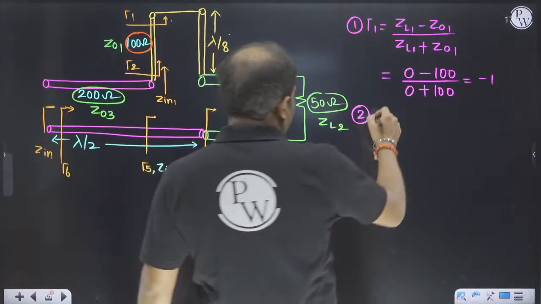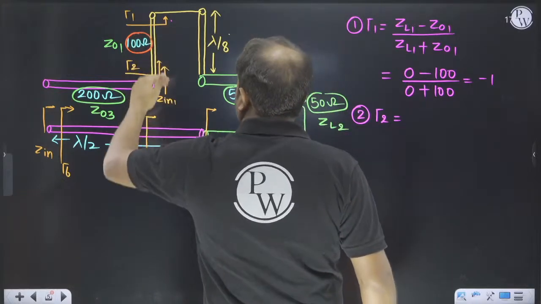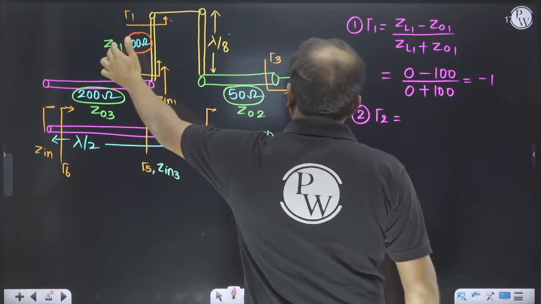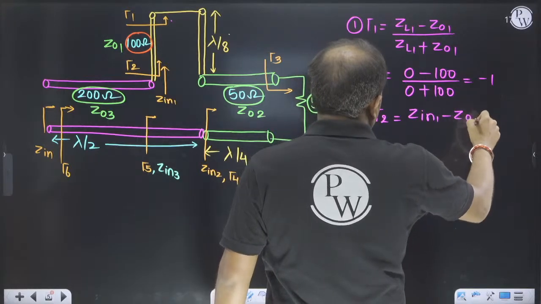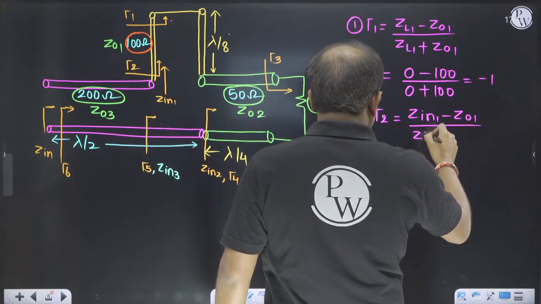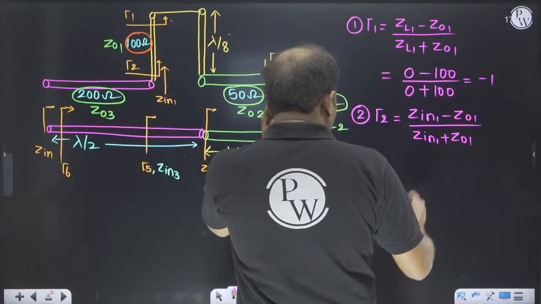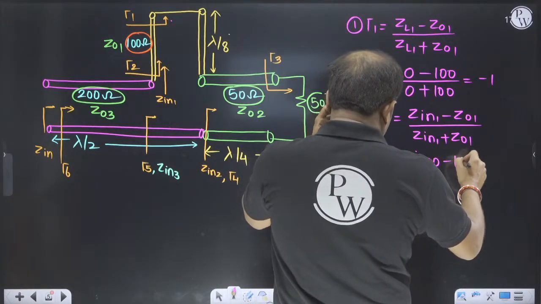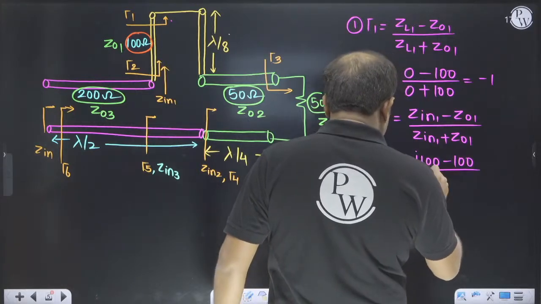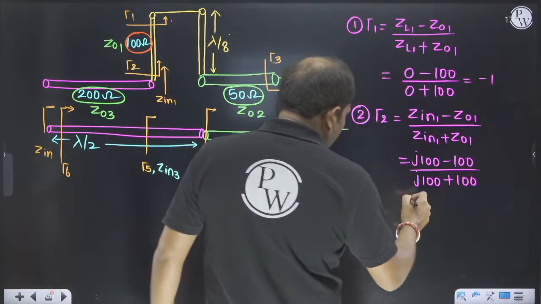So what is gamma 2? Gamma 2 will be Zin1 minus Z01 divided by Zin1 plus Z01. What is Zin1? Zin1 is j100 and Z01 is 100. So how much will it be?